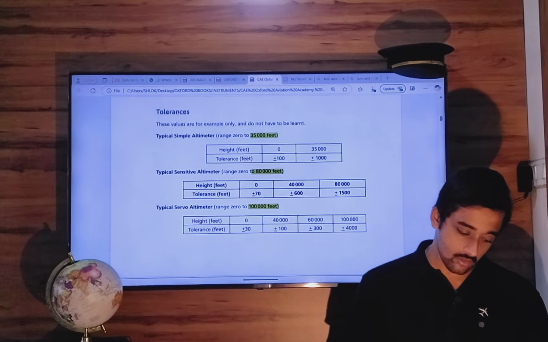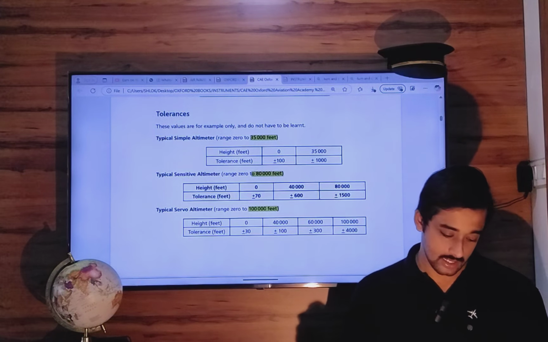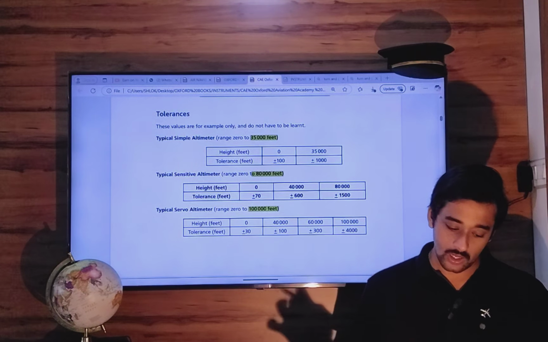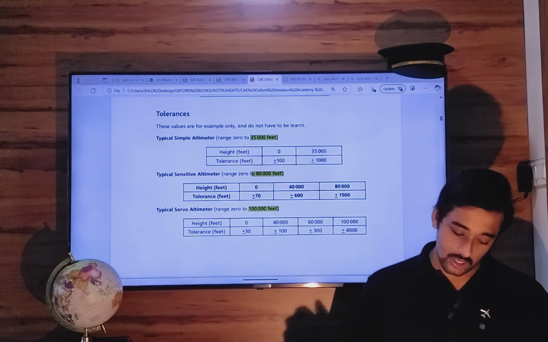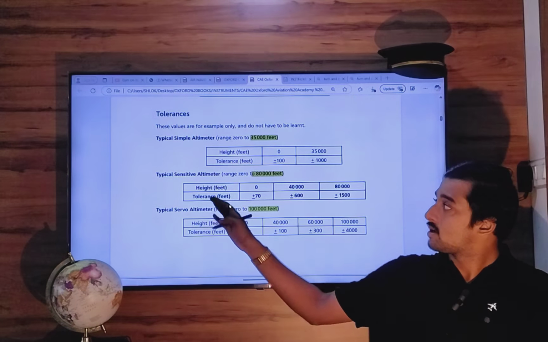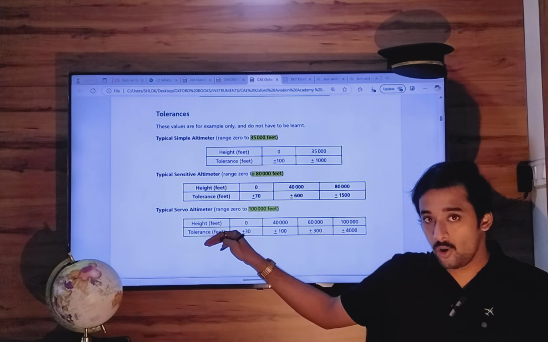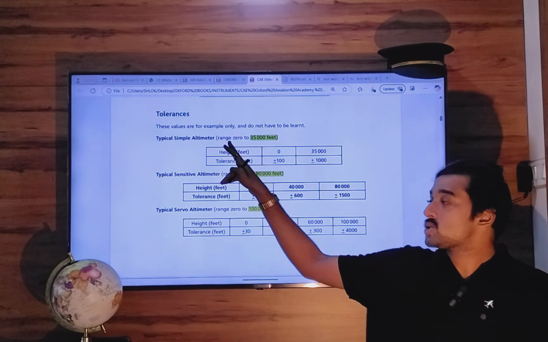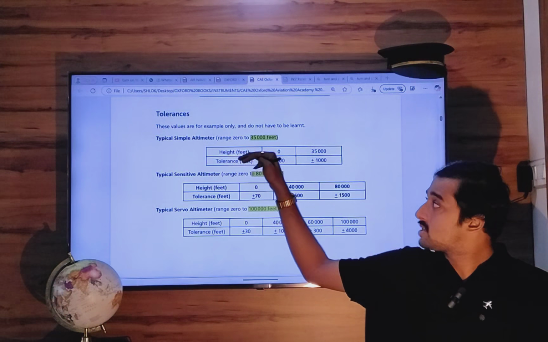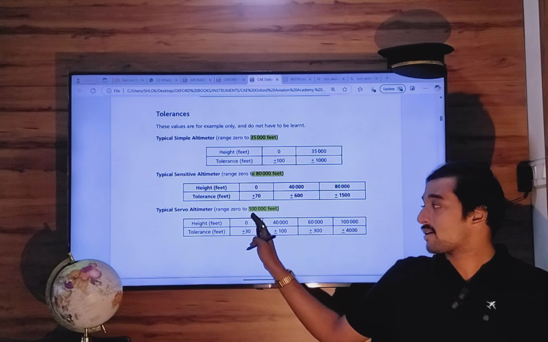60 of the Oxford Instruments book. So you have tolerances given for different altimeters: typical simple altimeter, sensitive altimeter, servo altimeter. As you go from simple to sensitive to a more advanced servo altimeter, the ranges increase from 35,000 to 80,000 to 1 lakh feet.